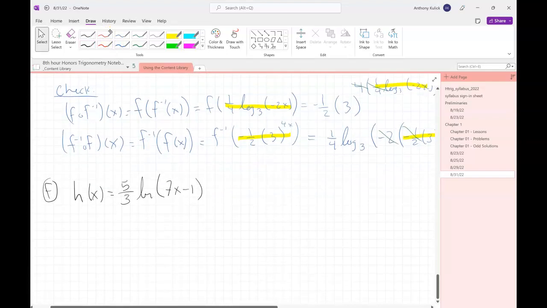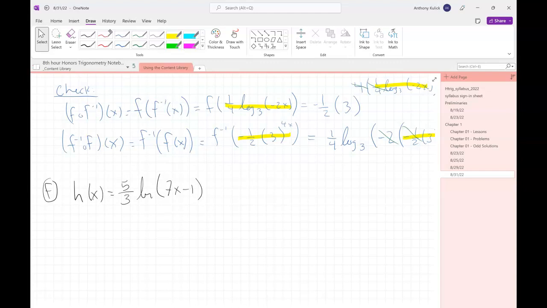What type of function is this? Does that say log? It says ln. What is ln again? Natural log, which is the same as log base e. Very good, Christian. Log base e. What type of function do we have?